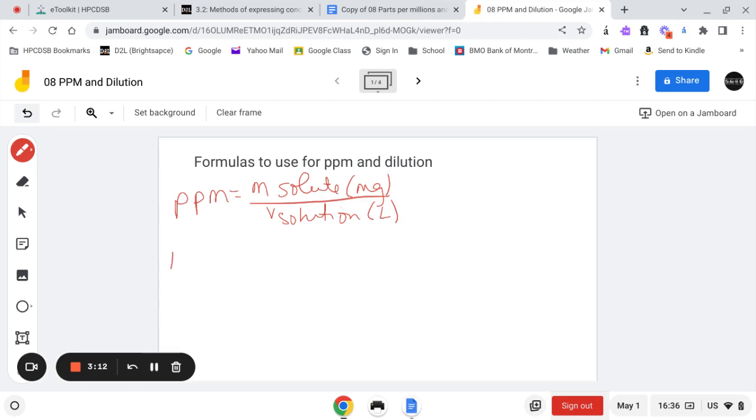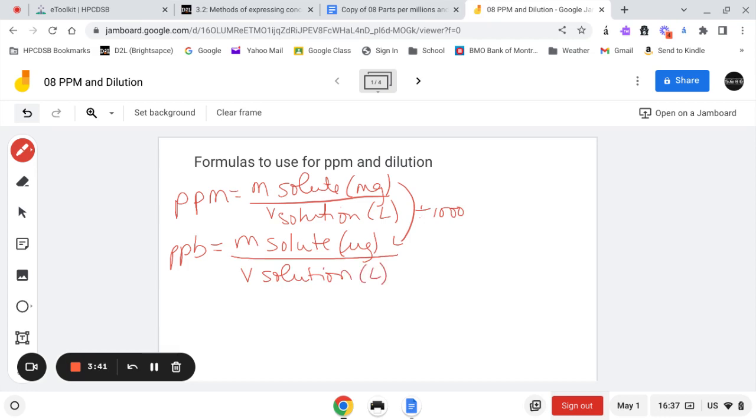If we have parts per billion, which is uncommon, but you might see it, it might pop up in one of the examples. It's the same thing. It's going to be a mass of solute in micrograms, which is just taking this and dividing it by another 1,000, and then dividing by a volume of solution in liters.